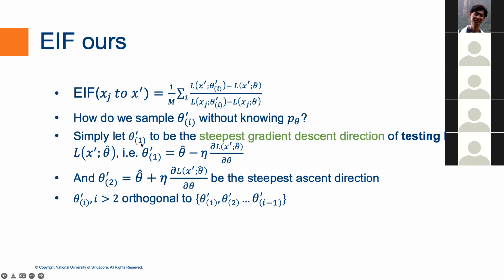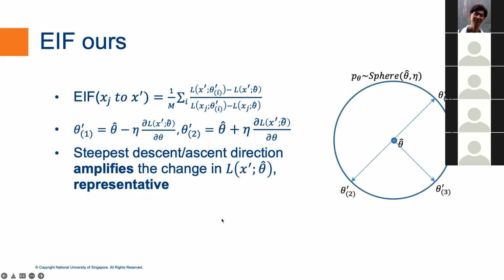We let the first theta prime be the steepest gradient descent direction of the testing loss, to get theta prime 1. For theta prime 2, we let it be the steepest ascent direction. And for the rest of the thetas, we let them be orthogonal to the previous thetas. Then we can estimate this quantity.